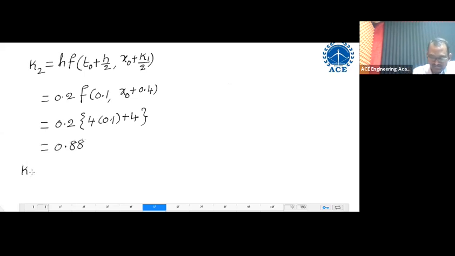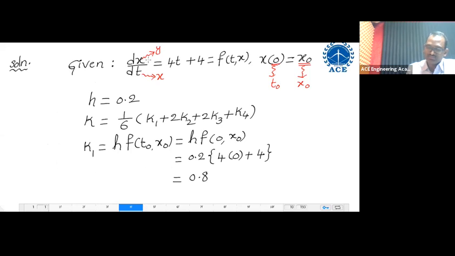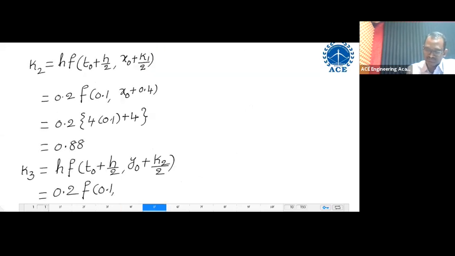Now find k3. k3 is h into f of t naught plus h by 2 comma x naught plus k2 by 2. h value 0.2, t naught plus h by 2 value 0.1, and k2 by 2 is 0.44.